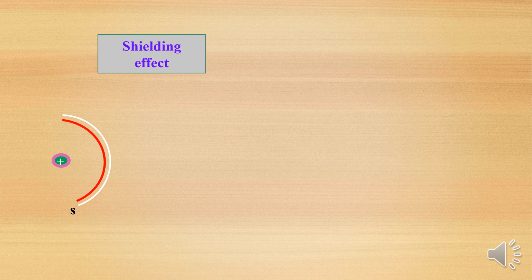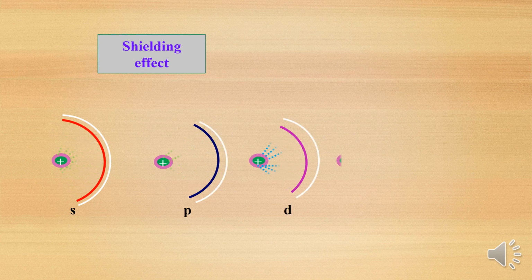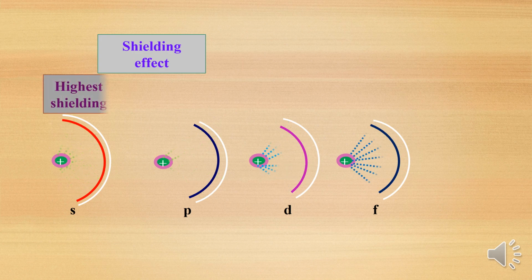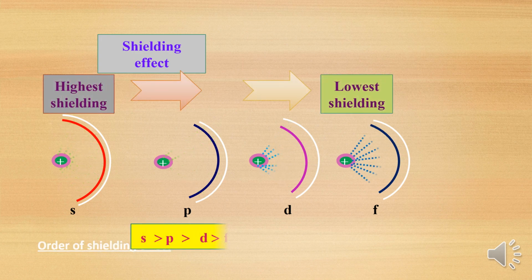That's why the shielding effect or screening effect will be more in s orbital first, then p orbital, then d orbital, and the least in f orbital. So that is the shielding effect. It is highest in s orbital and lowest in f orbital. So the order of shielding effect is s greater than p, p greater than d, d greater than f.